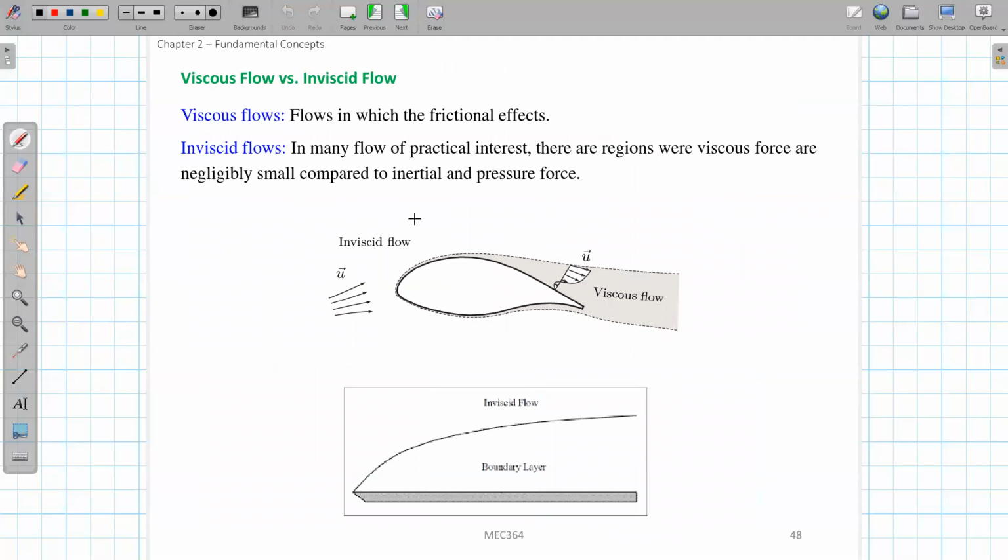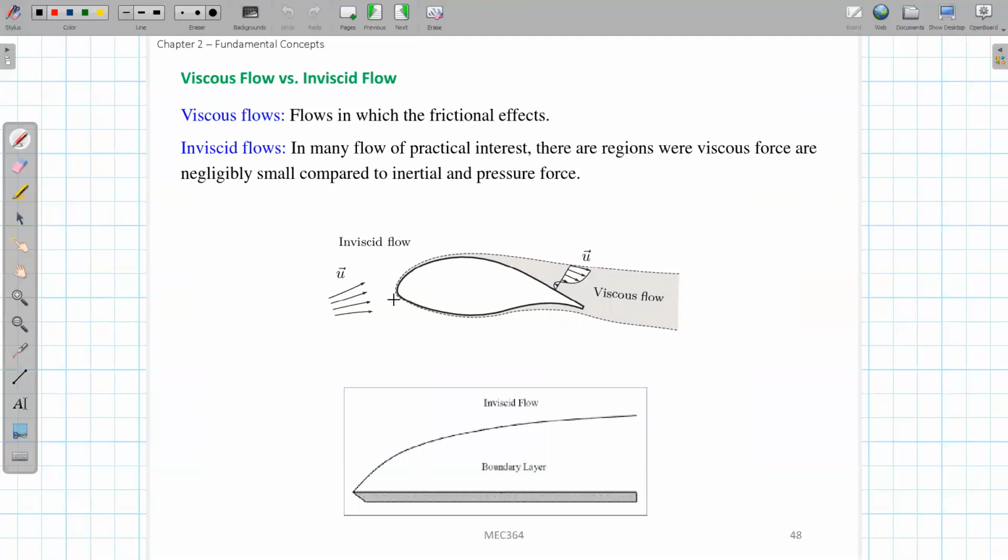Also, based on the viscosity of the flow, we can distinguish the fluid motion as either viscous or inviscid. Viscous flow basically means that the viscous effect is strong, and inviscid flow means that those viscous effects can be neglected. One example is air flow over an airplane wing.